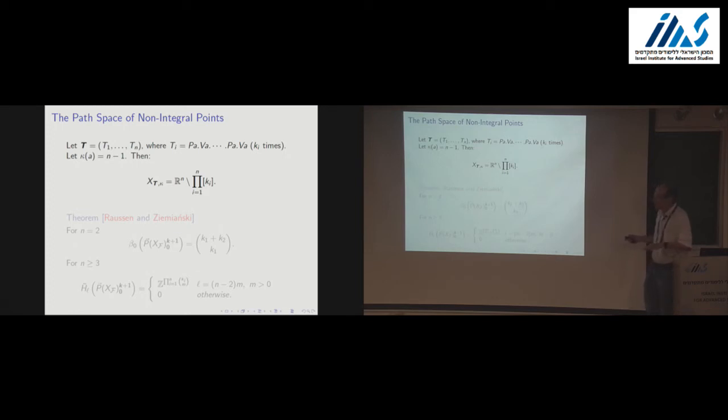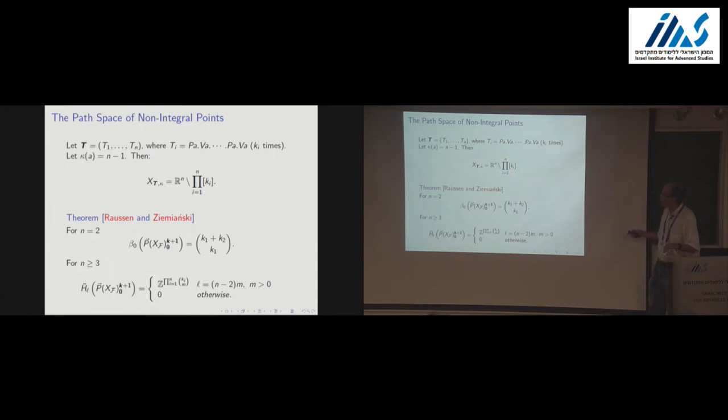In that case, a little thought shows that actually the allowed space or the obstructions are just this product of discrete sets. So you remove from R^n this part of the lattice. You can think of it as Z^n.